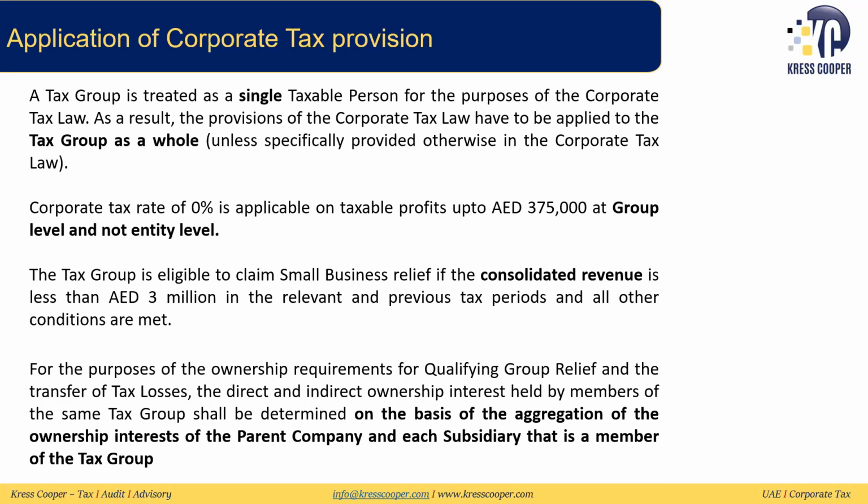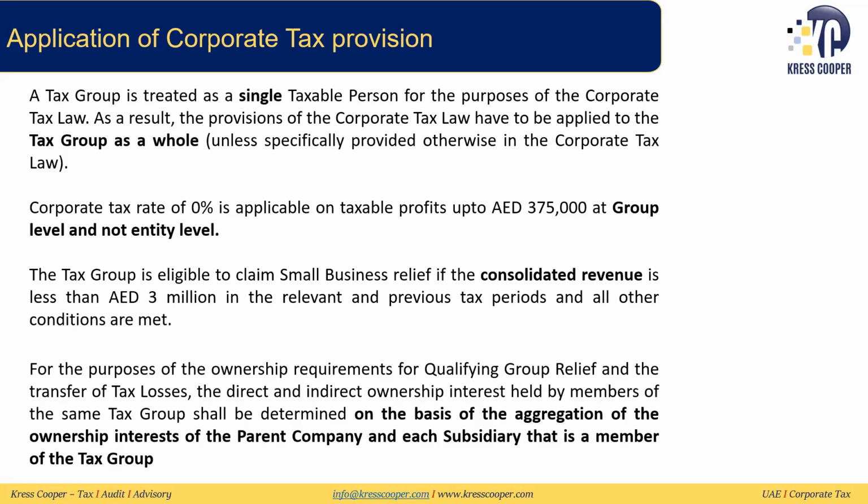For example, if there are 4 companies in a tax group, company A, B, C, D, and they each had 100,000 taxable profit, if they were not part of the tax group, they would all have 0% on their income. But now because they're part of the tax group, we will look at all the taxable profits, which is 400,000. So up to 375,000 would be taxed at 0%, and then the remaining 25,000 will be taxed at 9%.